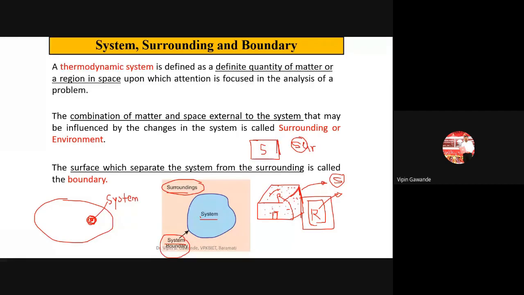The boundary or the walls which separate the system and the surrounding, we call the system boundary. So three things you have to remember: the thermodynamic system, the surrounding outside, and the boundary that separates them.